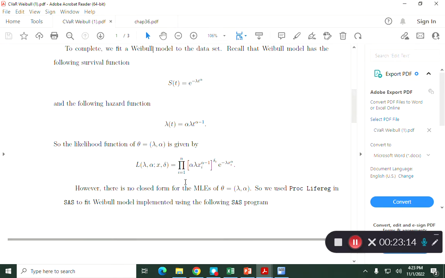Power of 0 equal to 1. On the notes, I give you the formula for Weibull. If delta i equal to 0, means this is a survival case. And then delta i equal to 1, that is a censor case. So they're under the censor for that long.